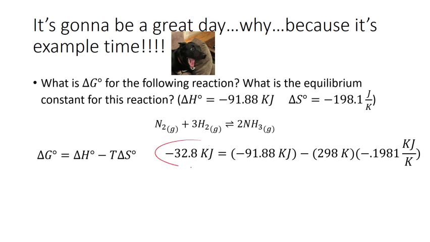or the Gibbs free energy, is negative 32.8 kilojoules, which means that this reaction is spontaneous because it has a negative value. So then we're going to use that and this equation that we just learned to calculate the equilibrium constant for this reaction at 298 Kelvin.